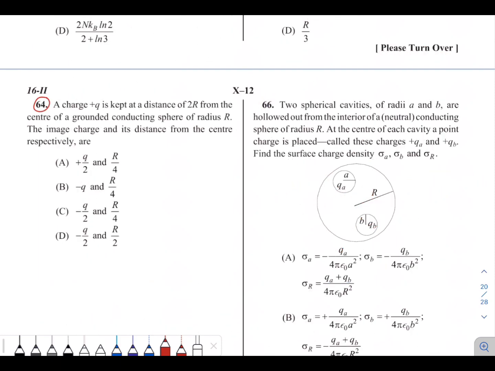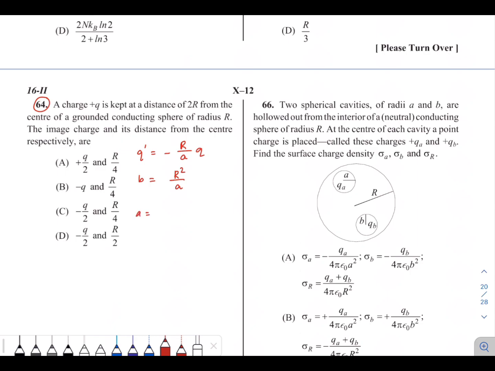Problem 64. A charge plus q is kept at a distance of 2r from the center of a grounded conducting sphere of radius r. The image charge and its distance from the center, respectively, are? So we recall the formula. The image charge q prime is equal to minus r by a times q, and the distance of the image charge b is equal to r squared by a.